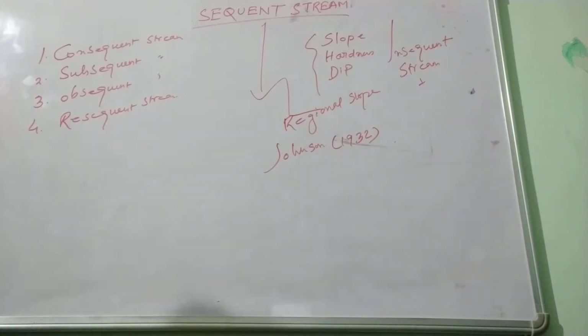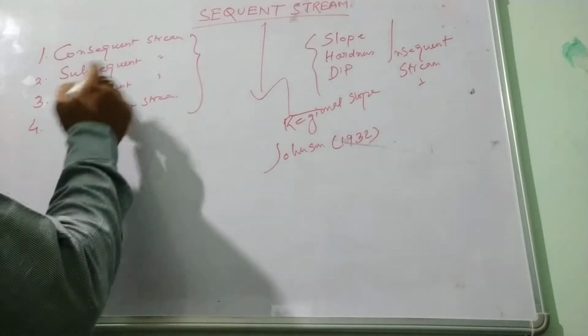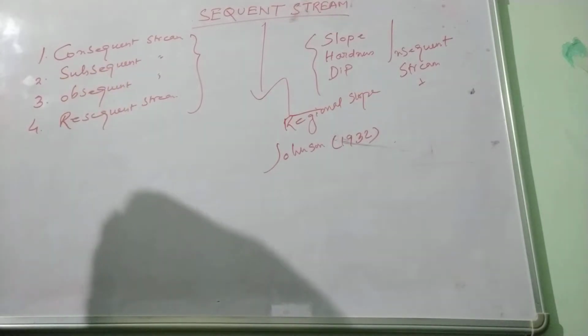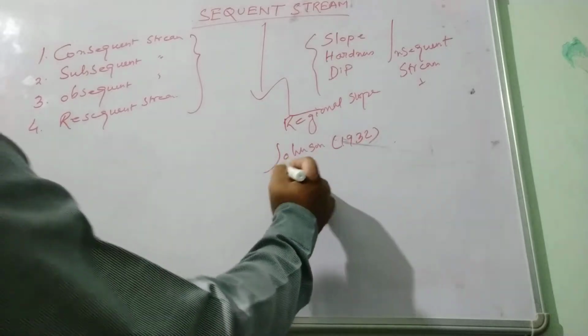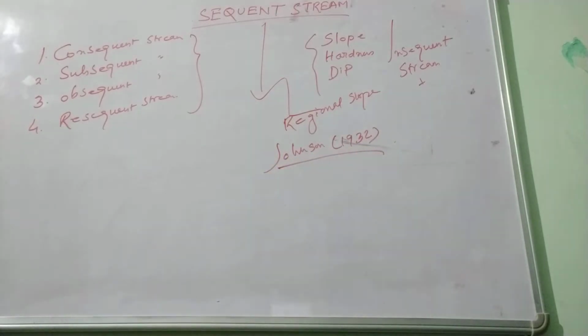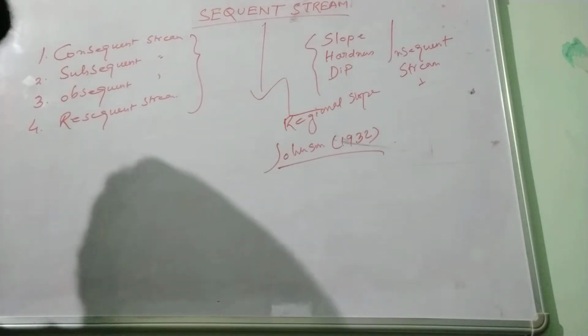These are the four important categories of the sequent stream, classified by Johnson in 1932. So now I am coming to them one by one.